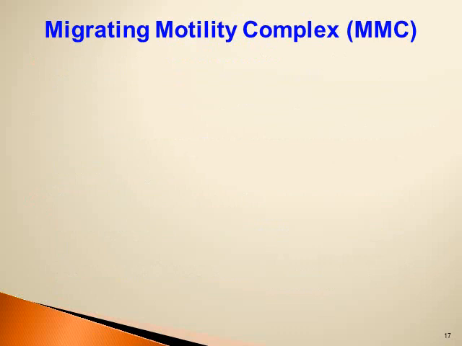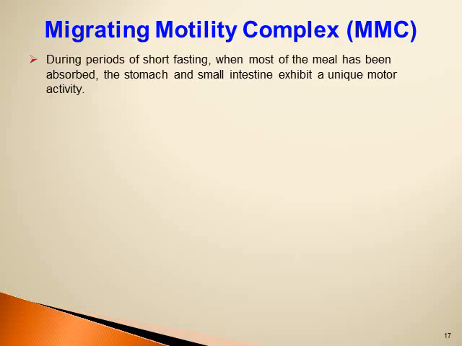Now we talk about the main motility pattern that happens during the interdigestive periods, or between meals. It is the migrating or migratory motility complex. During periods of short fasting, when most of the meal has been absorbed, the stomach and small intestine exhibit a unique motor activity.